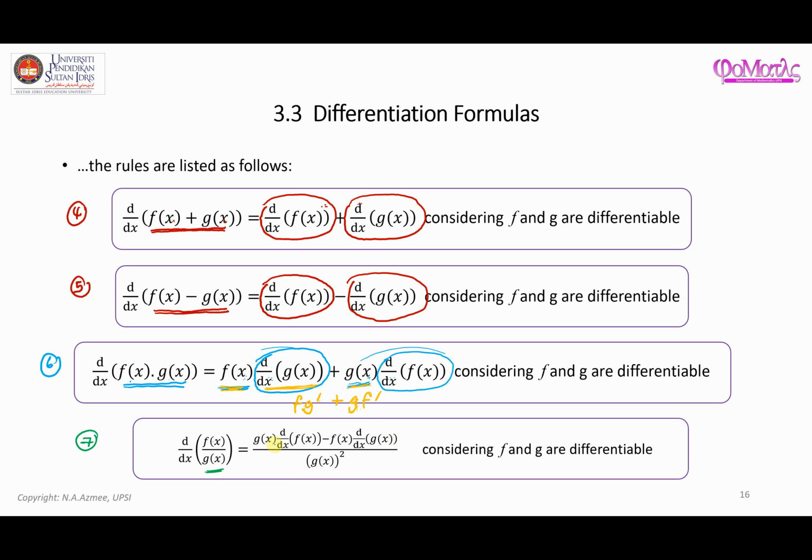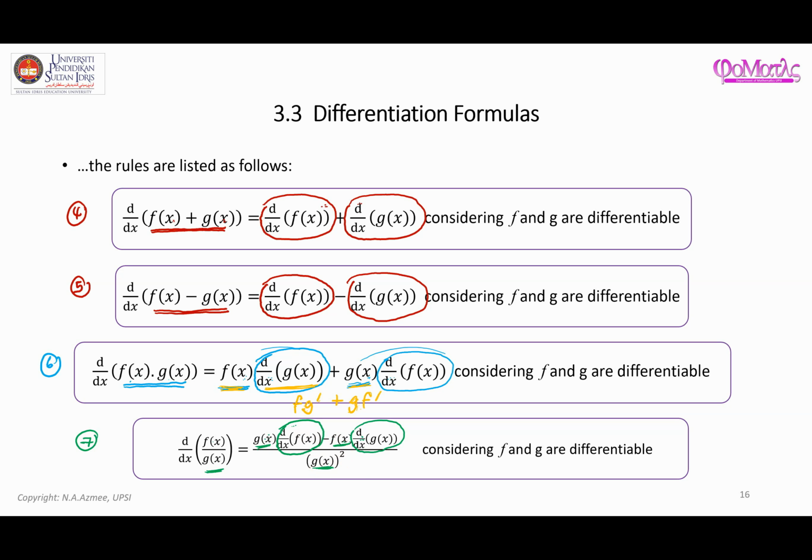You can see what is going on here. This is maintaining g of x. This is finding the derivative for f of x. And you multiply the results together. Next, this is maintaining f of x, and this is finding the derivative for g of x. And then you multiply the results together. And so don't forget, this will be a subtraction process after that. And here you maintain g of x and you square it.